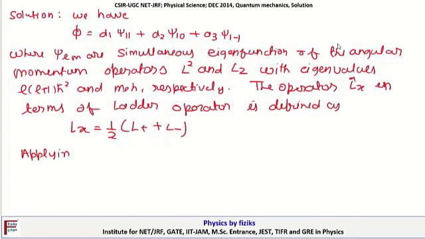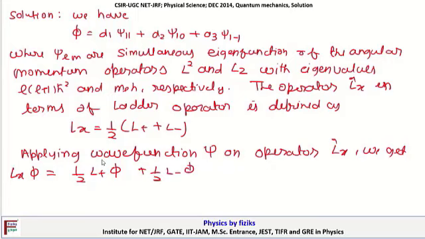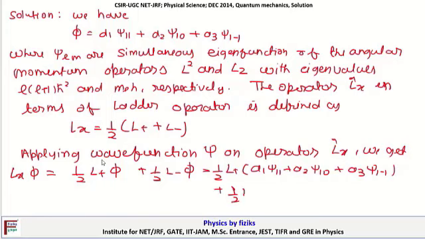Applying the operator Lx on the wave function, we get Lx phi is equal to 1 by 2 L plus phi plus 1 by 2 L minus phi, is equal to 1 by 2 L plus (A1 psi 11 plus A2 psi 10 plus A3 psi 1 minus 1) plus 1 by 2 L minus (A1 psi 11 plus A2 psi 10 plus A3 psi 1 minus 1).